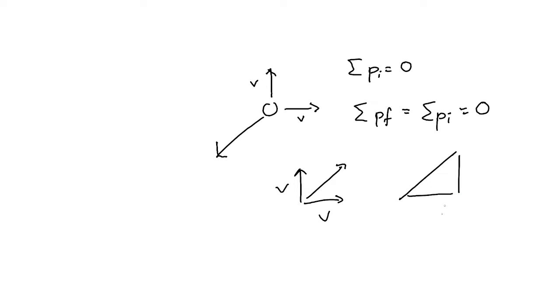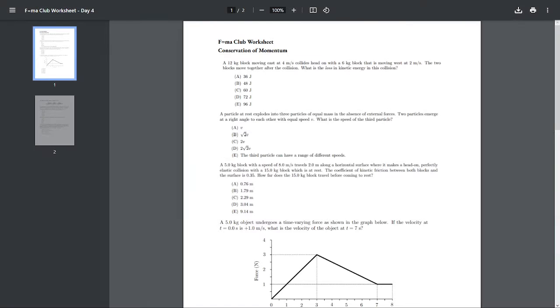We have 1 to 1, and we know that this is 90 degrees, so our resultant is going to be square root of 2. Since these are all multiplied by v, the magnitude of the 3rd particle's velocity is going to be square root of 2 times v. And if we look back at our slideshow, that's going to give us b.